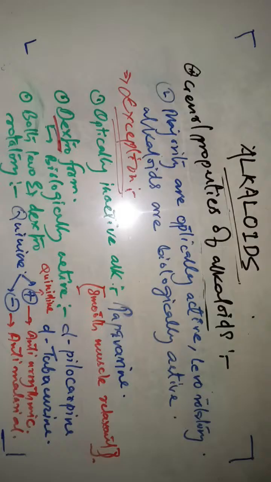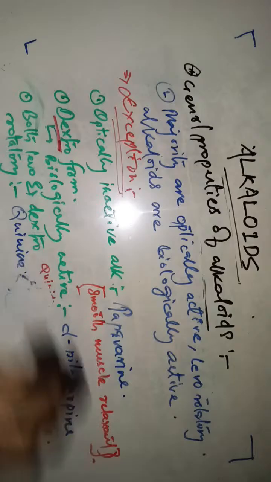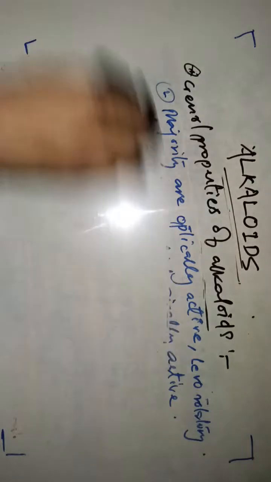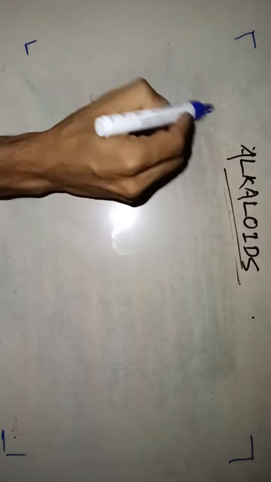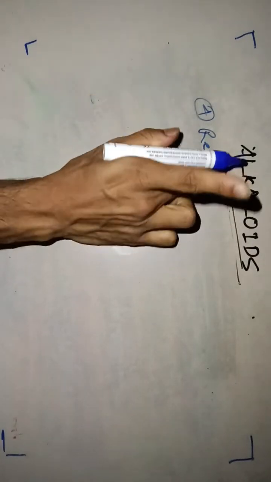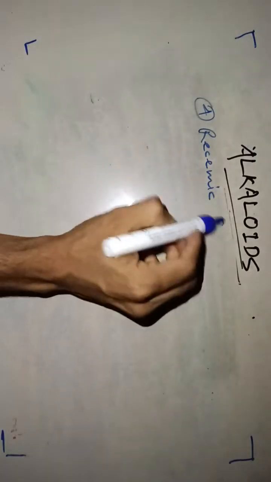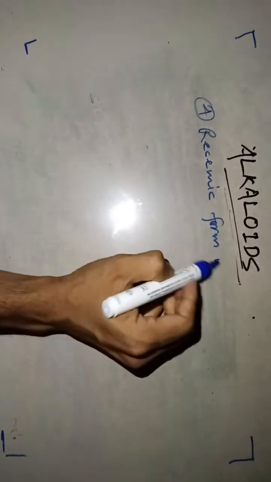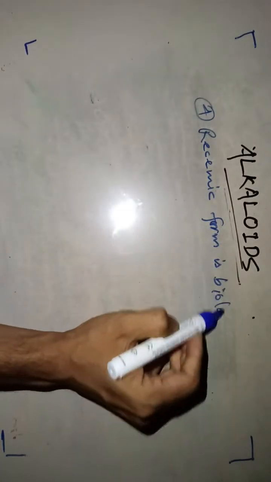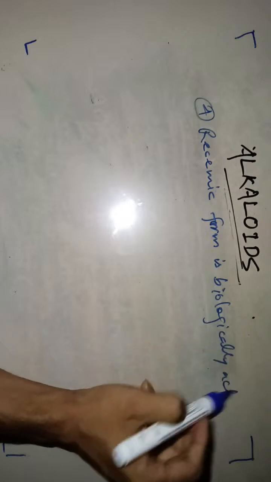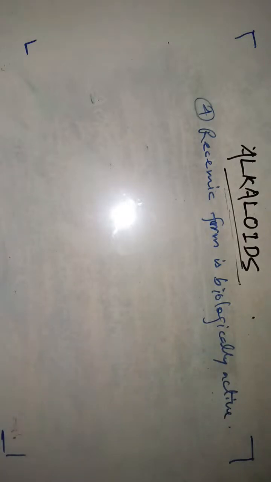Racemic form is biologically active. So which racemic form is biologically active?